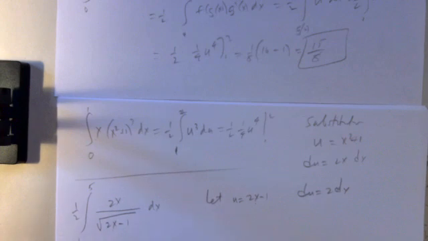So what I have is 1/2 the integral of 1 over the square root of u, that's u to the minus 1/2, 2x dx. Oops, sorry. What I wrote is correct, but it's not the best way to solve this problem. So let me do it differently.